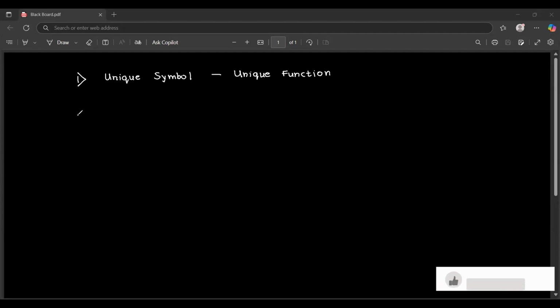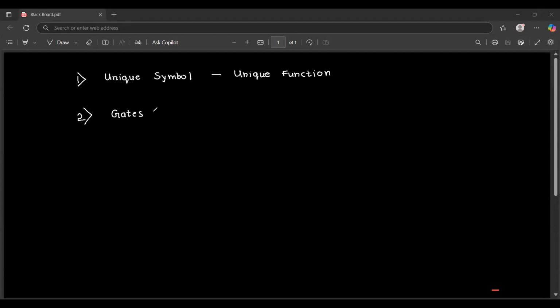So how do these things work? Gates can have multiple inputs, but the output, on the other hand, is only one. And keep in mind for the NOT gate, the one we are going to study next, it has only one input normally.